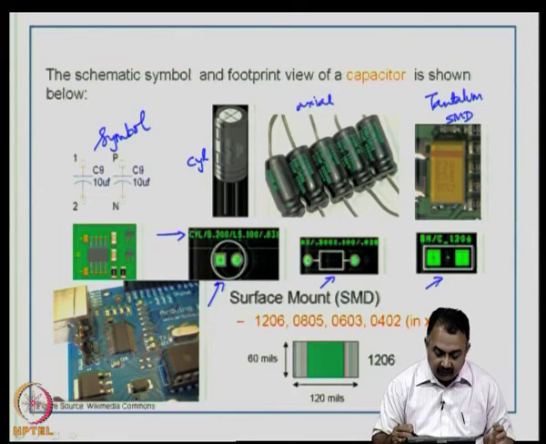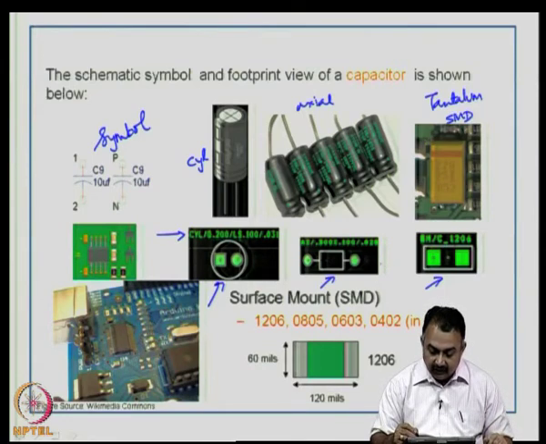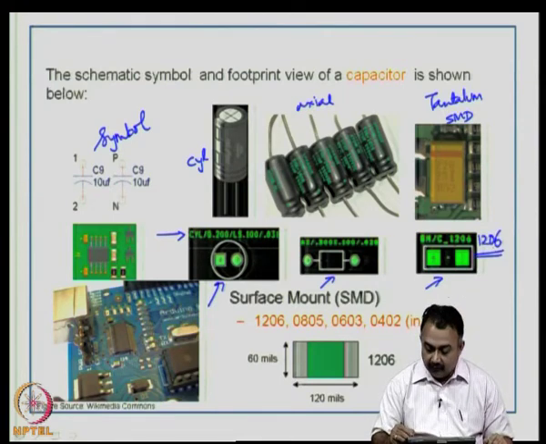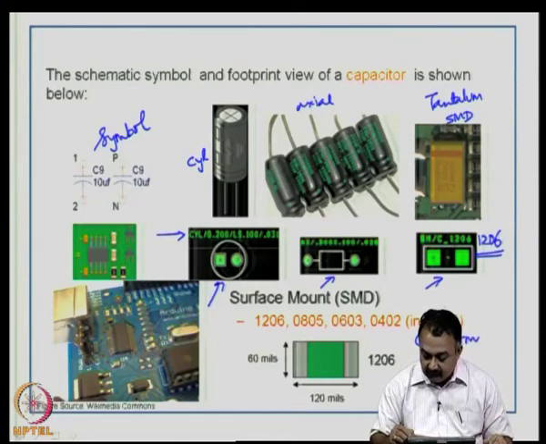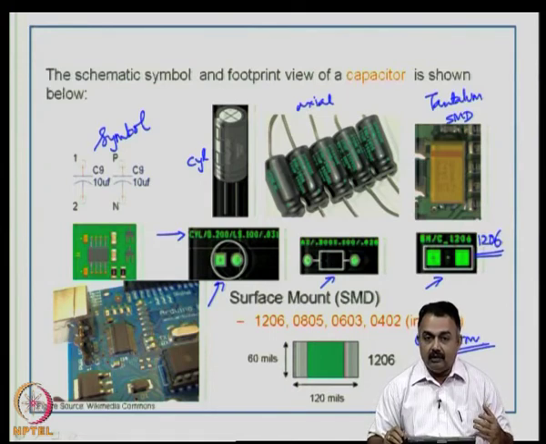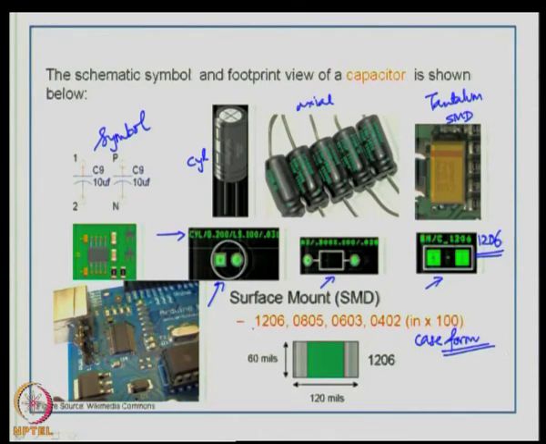The dimensions are well given, like 0.2 inches by 0.1 inches by 0.031, and in the case of an eggshell, again you can see different dimensions, and in a surface mount it says 1206, that indicates the case form. So, these are the case forms that are available for surface mount devices, whether it is a resistor or a capacitor. 1206 depicts the dimensions of the capacitor.